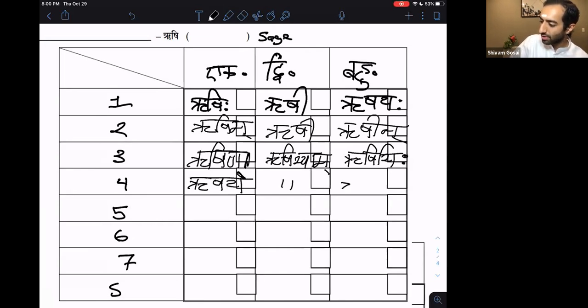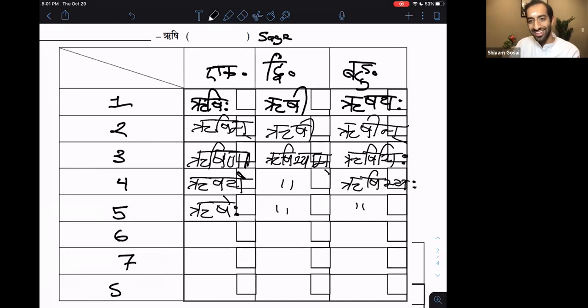Rishibhyam, Rishibhyaha. Rishehe, Rishibhyam, Rishibhyaha.